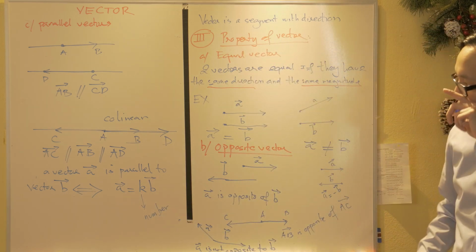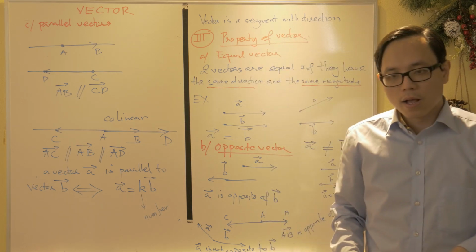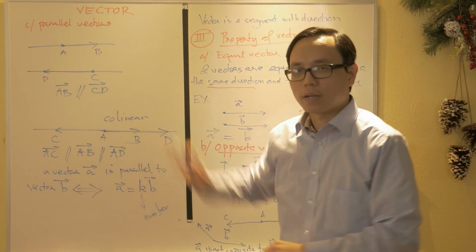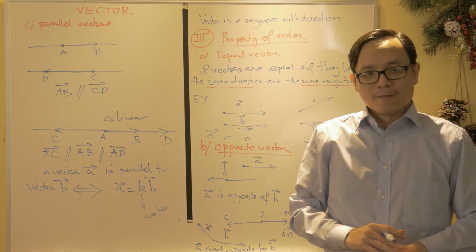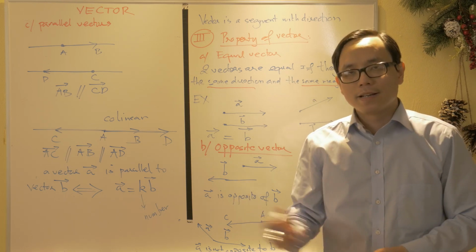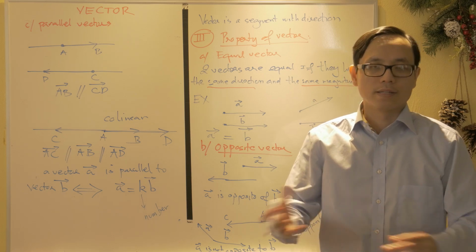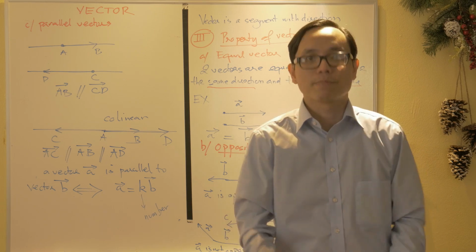What do I mean over here? You can show two vectors are parallel to each other, of course, not by just looking at the picture, because vector is like geometry, like trigonometry. Sometimes if they didn't draw it to scale, it's very hard for you to know they are parallel. You have to show it algebraically.